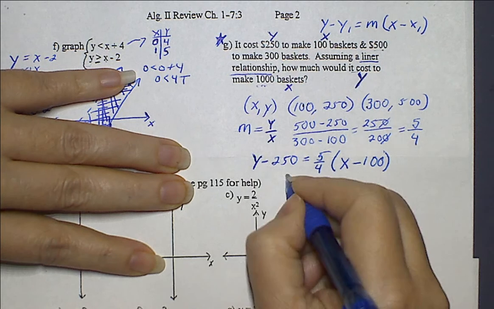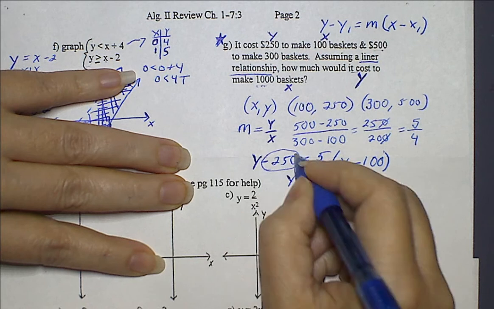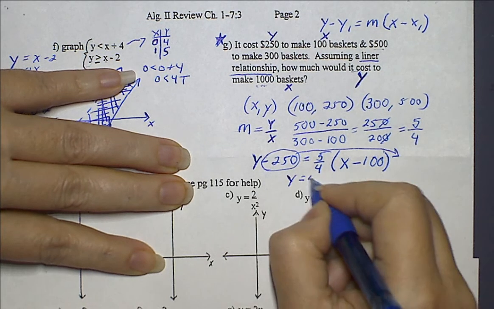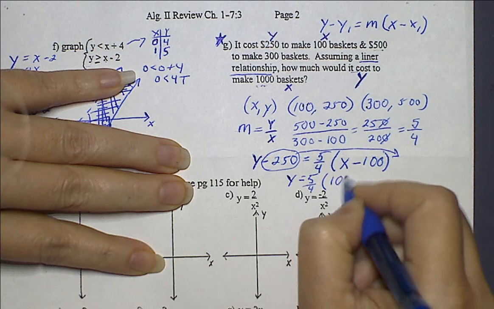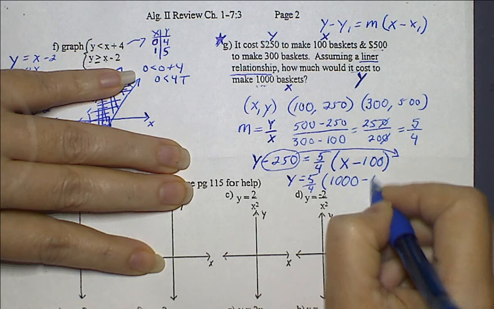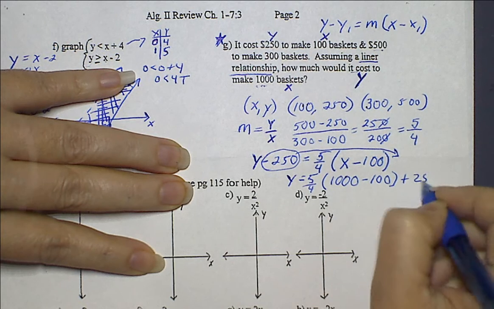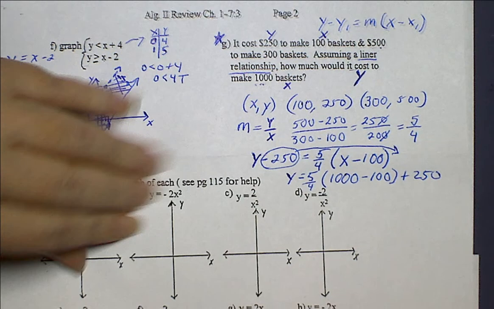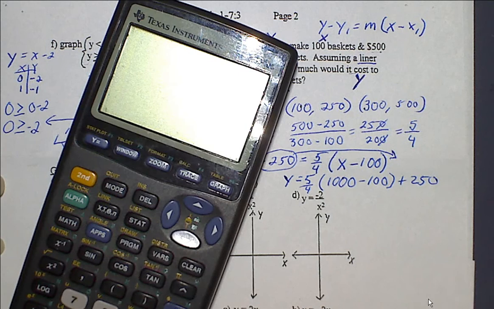So that means y equals, and this is going to be brought to the other side, so we're going to add that: y equals 5 divided by 4 times 1,000 minus 100, plus 250. So let's put that into our calculator and find out what we get. I'm going to clear this out.